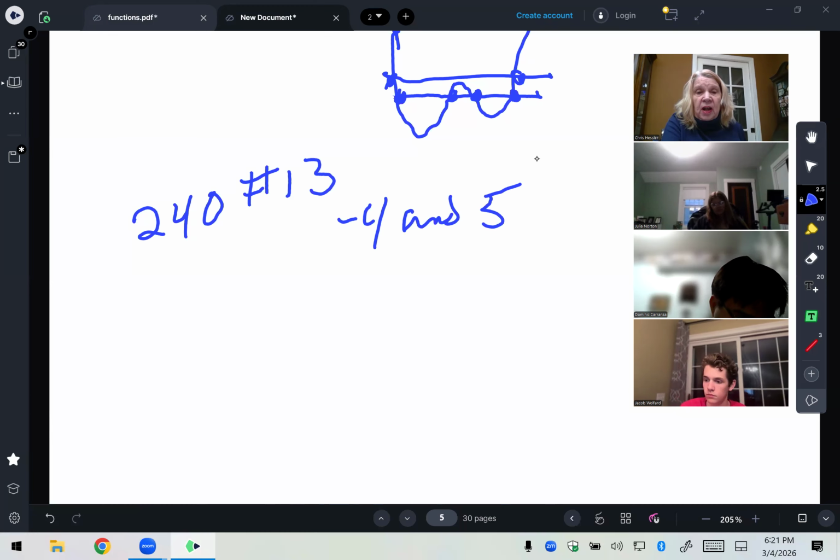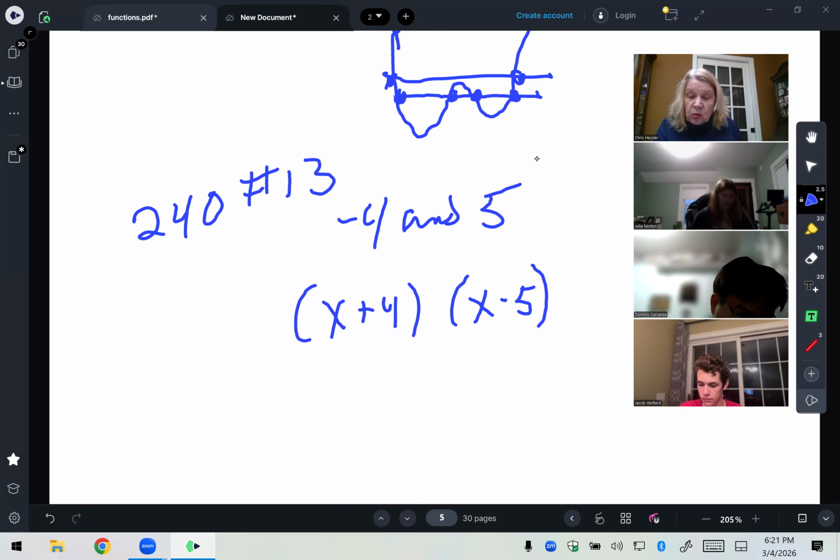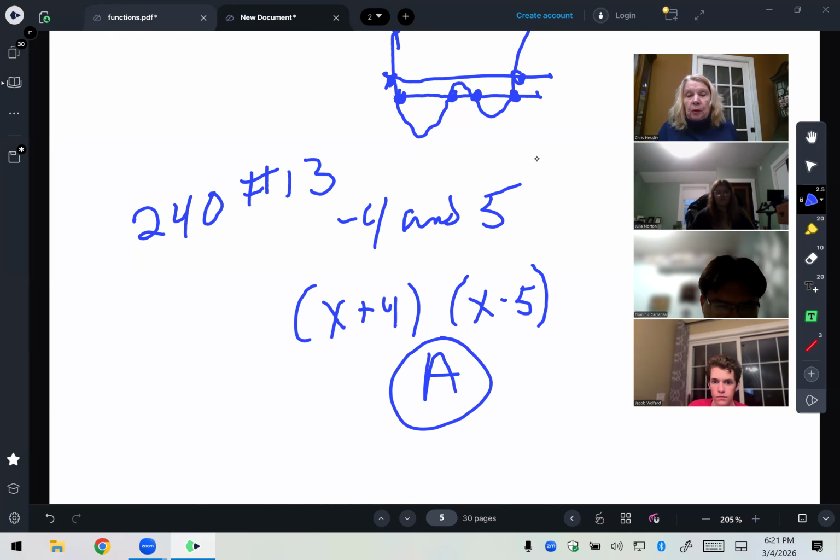And so if those are the x-intercepts, that means we need x plus 4 and x minus 5, which would be answer choice A. So that makes sense.